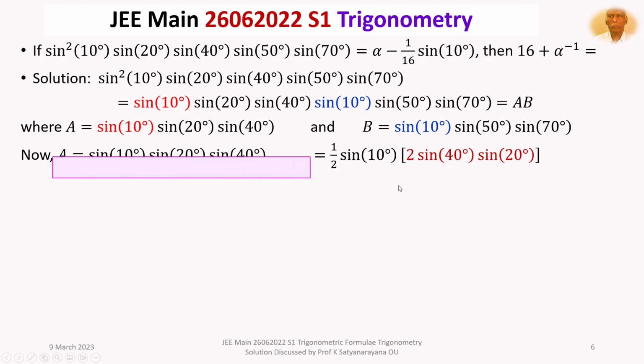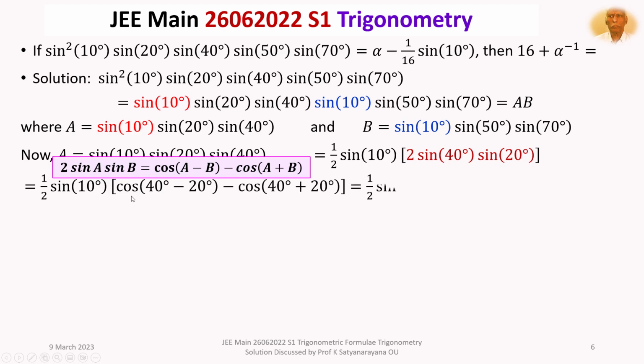We recall the formula for 2 sine A sine B: it is cos of A minus B, the difference, minus cos of the sum A plus B. Then we get 1 by 2 sine 10 degrees into cos of the difference 40 minus 20 minus cos of the sum 40 plus 20.